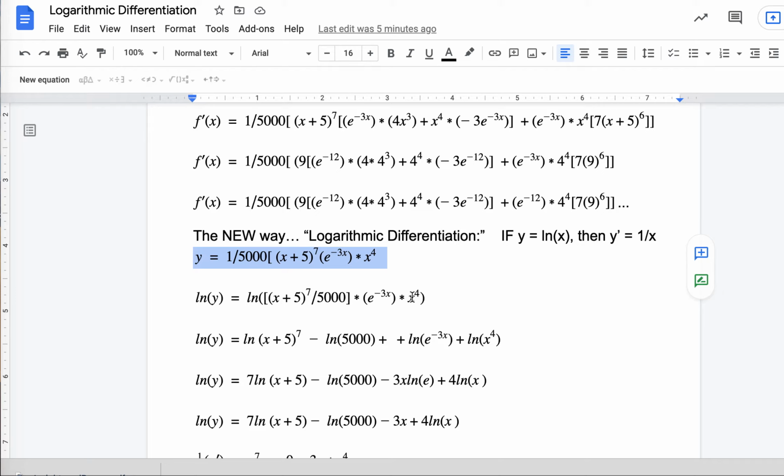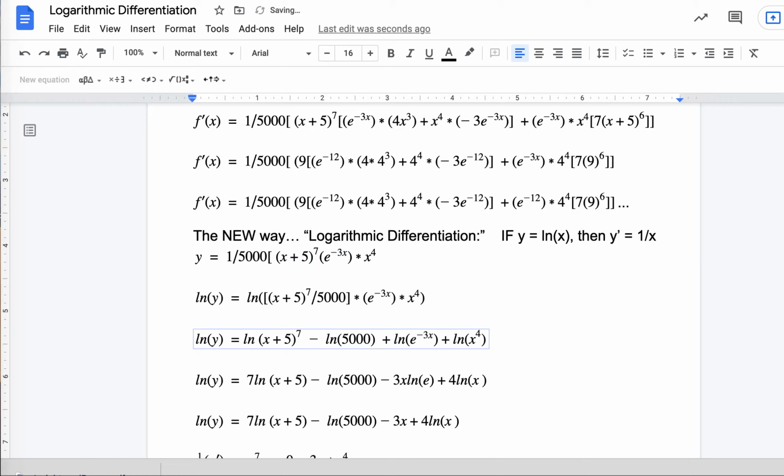And then here's just two products, so I just add, plus the log of this, plus the log of that. So these four things really that are being multiplied, divided, and then multiplied by two things, they just get broken down into addition and subtraction, and that's really the breakthrough moment.